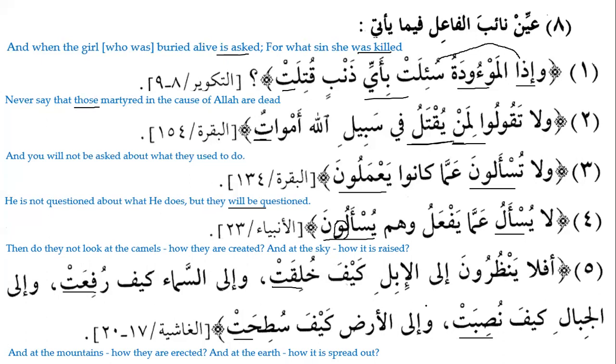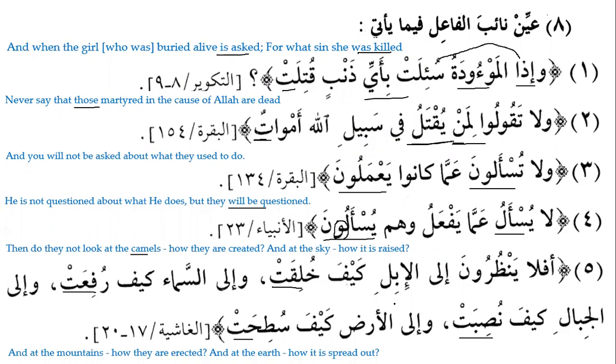So al-ibil, what is the meaning of ibil? Ibil is basically used for camels. For the feminine, it is naqatun, and for the masculine, it is jamalun. When we talk about the race of the camels, referring to all the camels, whether masculine or feminine, the whole race of the camels will be called ibil.